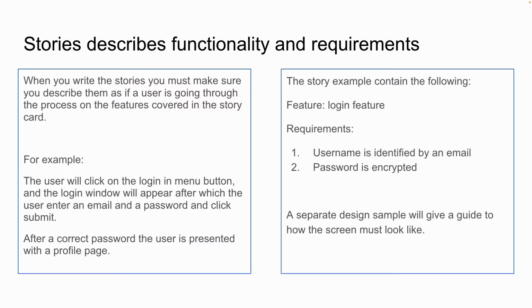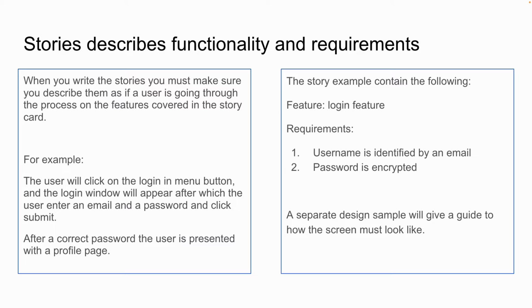So when you write the stories, you must make sure that you describe them as if a user is going to go through a certain step of processes that have a certain number of features in these stories.